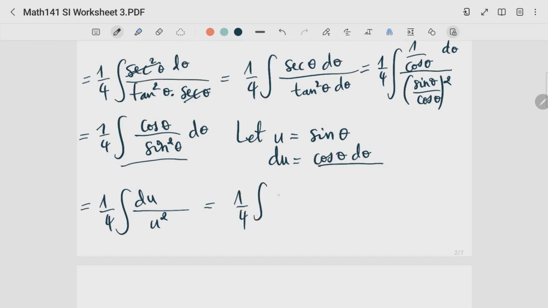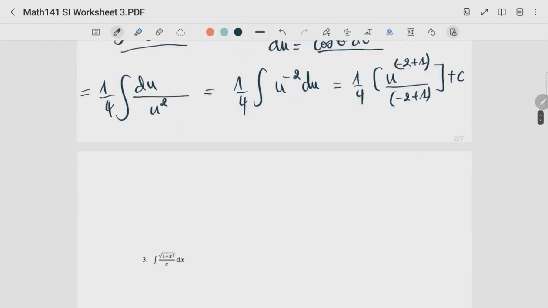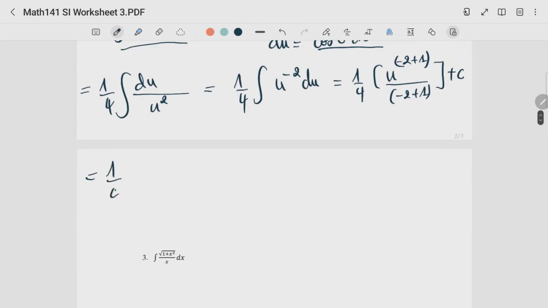You know that is just the same as the integral of u to the negative 2 du, which is 1/4 multiplied by u to the negative 2 plus 1, divided by negative 2 plus 1, plus c, which can be simplified to 1/4 multiplied by u to the negative 1 over negative 1 plus c, and that can just be negative 1/4.